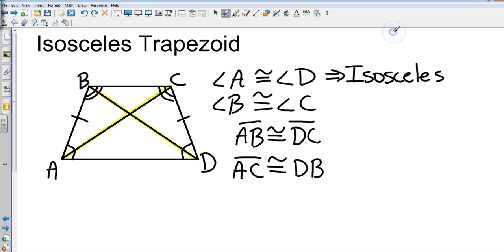Okay, so congruent base angles, opposite legs congruent, and if the diagonals are congruent, all three of those properties can be used to prove that it is an isosceles trapezoid.